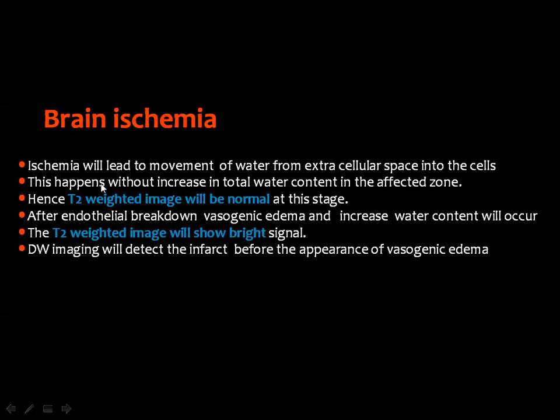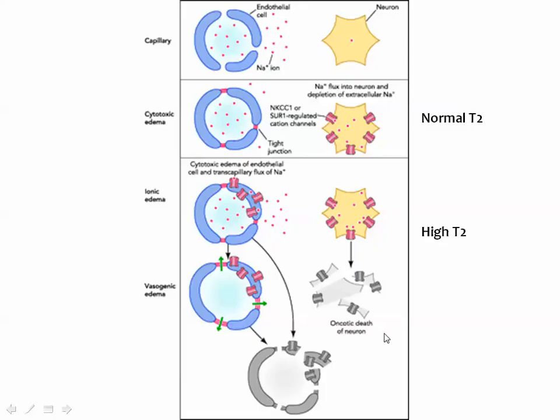Ischemia will lead to movement of water from the extracellular space into the cells. This happens without increasing the total water content of the area. At that time, the T2 weighted image will appear normal. But after the cell is swollen, it will rupture. This is the mechanism: extracellular water goes inside the cell, the cell swells, and the extracellular water is decreased.